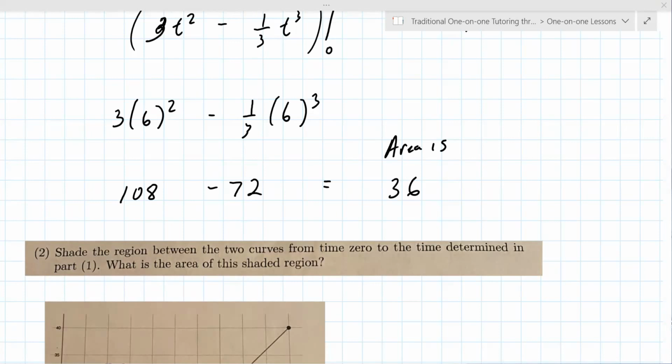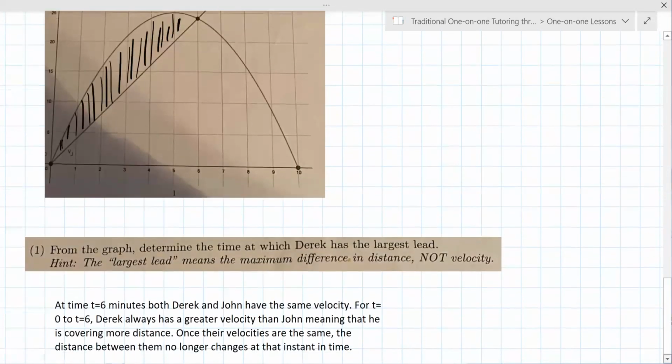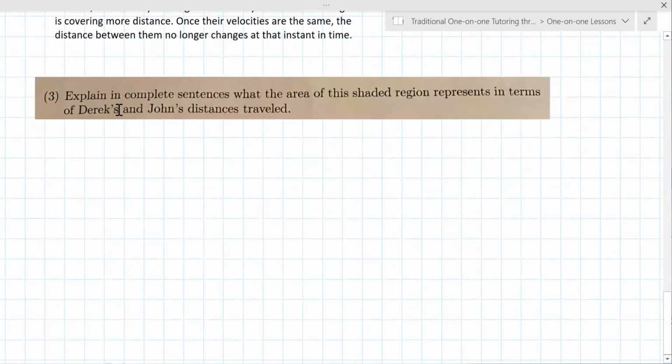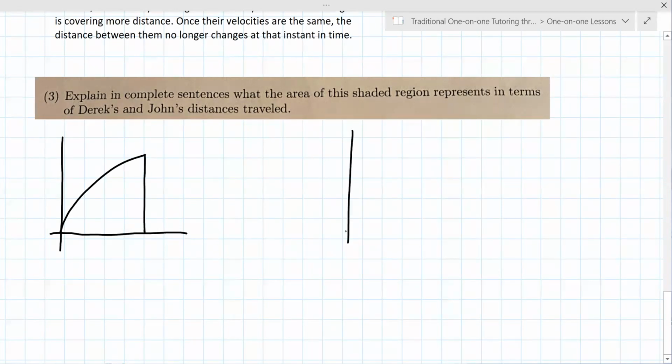Number 3. Explain in complete sentences what the area of this shaded region represents in terms of Derrick and John's distance traveled. Before we can do that, let me just draw this and then draw this.